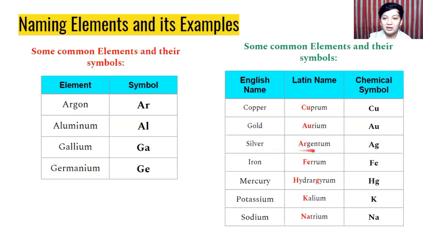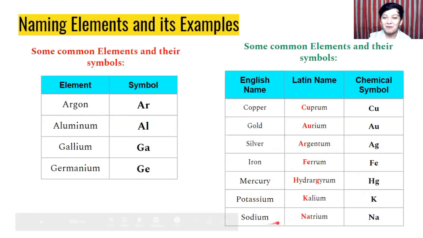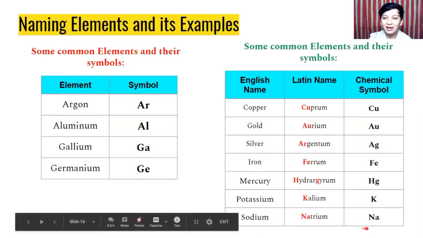Then silver, argentum, Ag. Iron, ferrum, Fe. Mercury, hydrargyrum, Hg. Potassium came from the Latin name kalium, which has the chemical symbol K, not P. And then we have sodium, from the Latin name natrium, which has the chemical symbol Na.